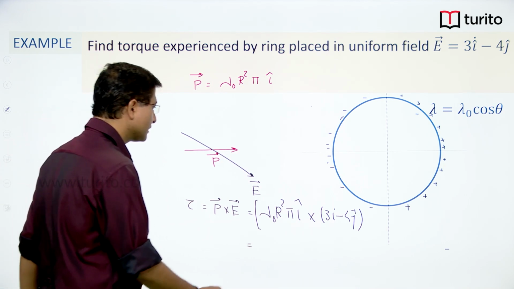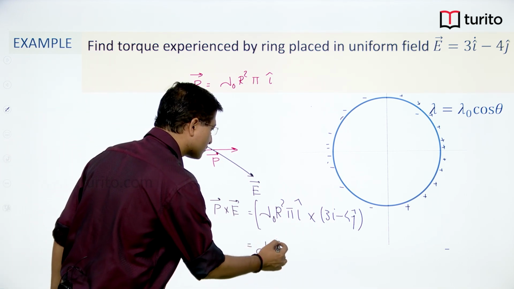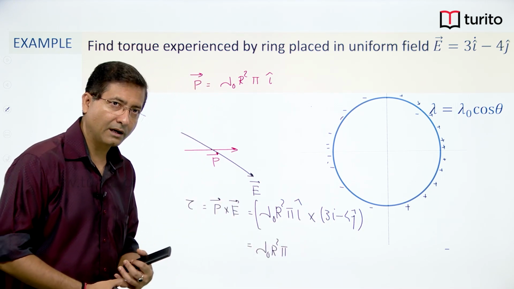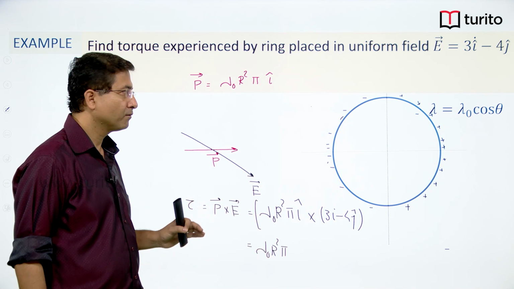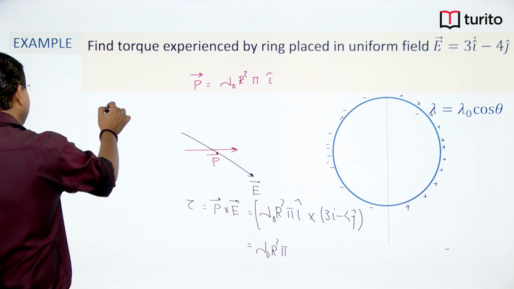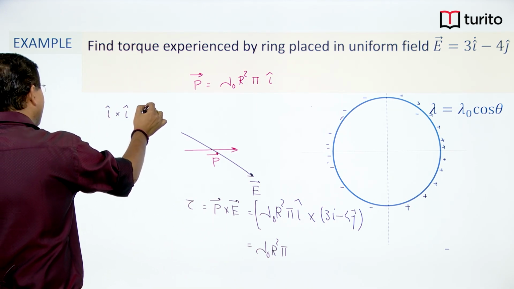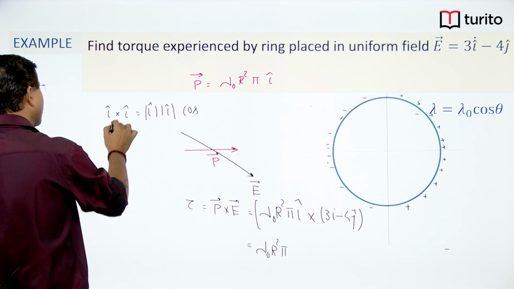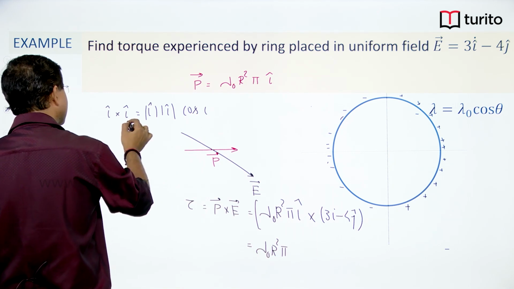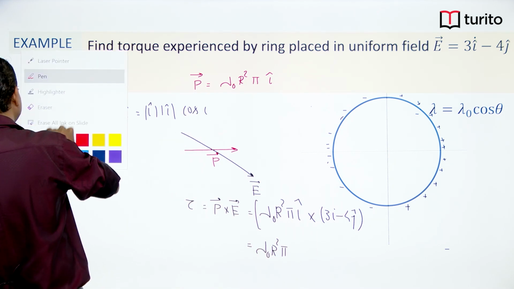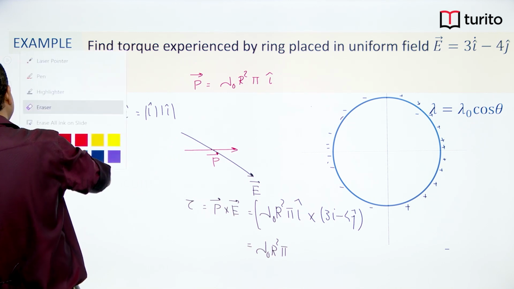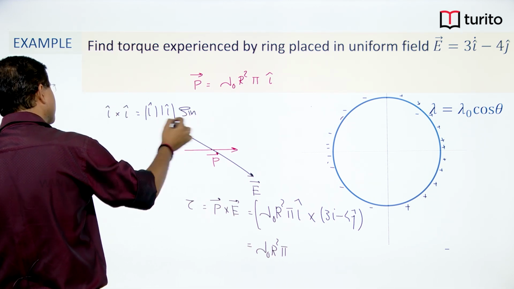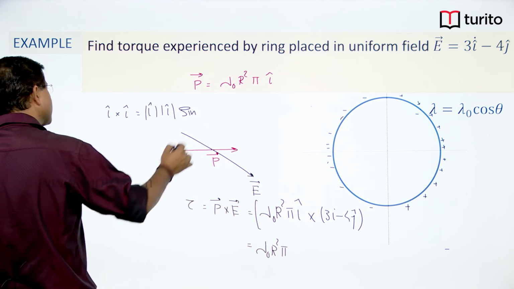If you simplify, then you will get lambda naught r square pi, i cross i is 0, i cross i both are in same direction. Cross product formula is A cross B sin theta, right?